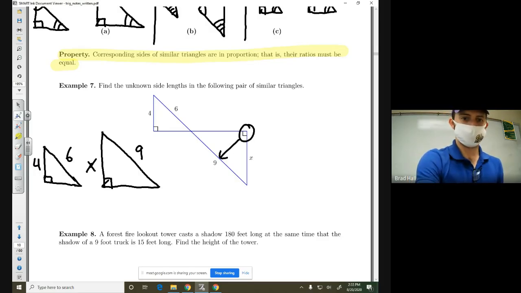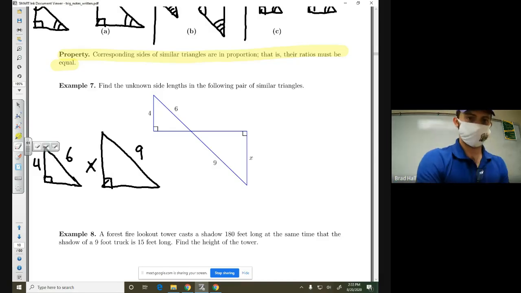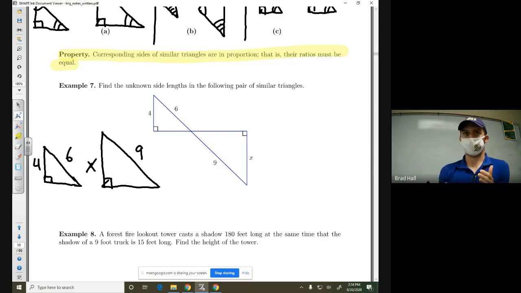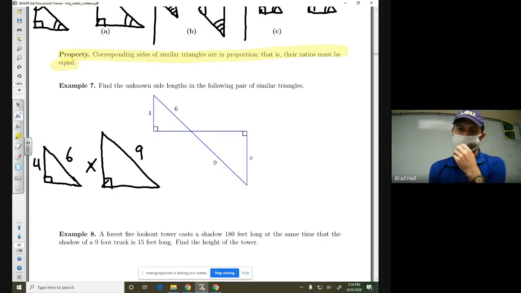So now we have reconstructed the triangles. We're told that they're similar, so we don't have to try and guess that. Which means that the ratio of the corresponding sides has to be equal. So what do I mean by that? What are the corresponding sides here?